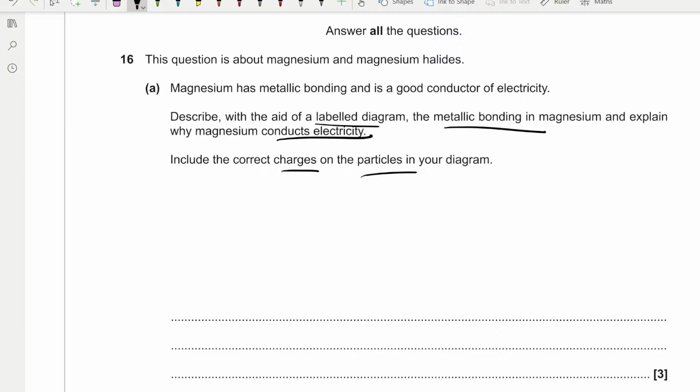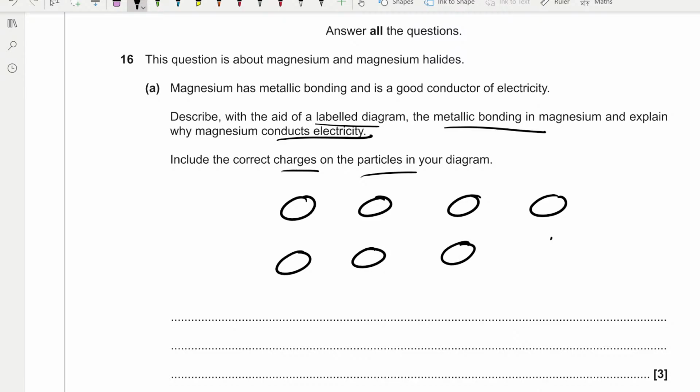So when we draw metallic bonding, we'll draw our ions as large circles. We want to do at least a 2x4. You could probably do a little bit more just to keep the examiner happy. And these will have a 2+ charge because it's Mg2+.